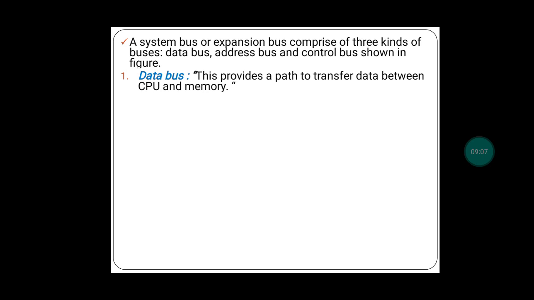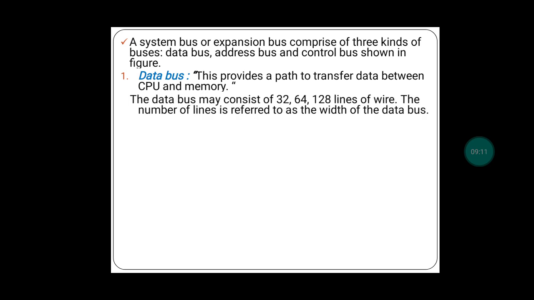This provides a path to transfer data between CPU and memory, and the bus may consist of 32, 64, or 128 lines of wire. Means what? If a bus has 32 parallel lines, it is carrying 32 bits of data at a time.